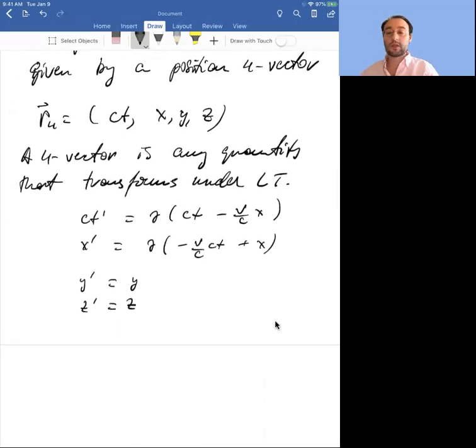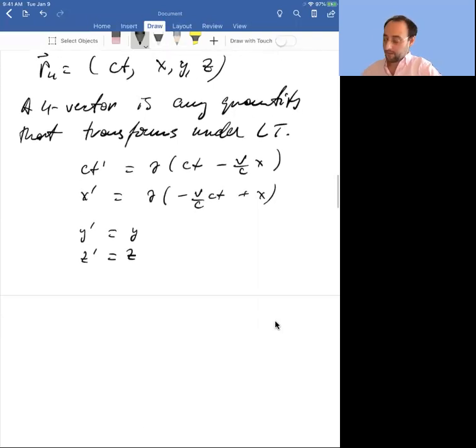But it doesn't have to be just the position. Let's say I have any 4 vector A equals A naught, A1, A2, A3. We will see an example: energy and momentum actually form a 4 vector. Another example of 4 vectors is electric field and magnetic field.